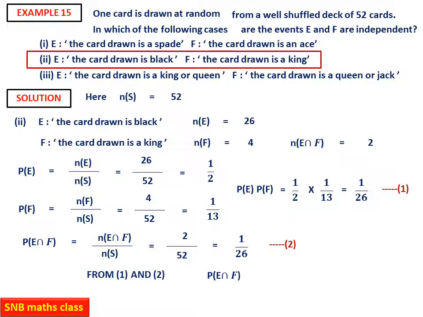From 1 and 2, probability E intersection F is 1 by 26, and that is also equal to probability E into probability F, that is also 1 by 26. Therefore, this implies E and F are independent. This is the second part. Students, please note, exactly same way you can also solve the third problem. Please do it yourself.